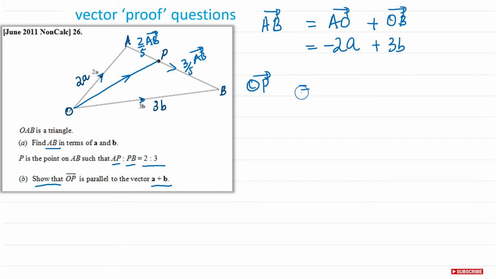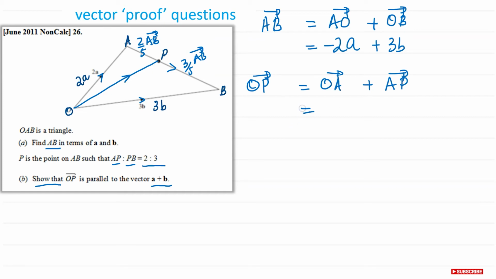In which sense should we go? We can go this way and that way, or we can go O to A and then A to P. Well, I'm going to choose O to A plus A to P. So OP is going to be equal to vector OA plus vector AP.